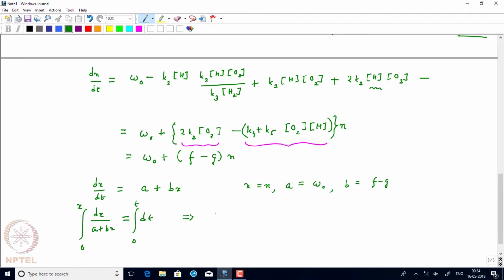So this is a very straightforward integral. So this integral is 1 over b ln(a plus bx), that we have to evaluate between the limits 0 and t, and then the right hand side is pretty straightforward, it is t. So what we can write, so ln(a plus bx) at t is not, sorry, t, it will be basically x here.